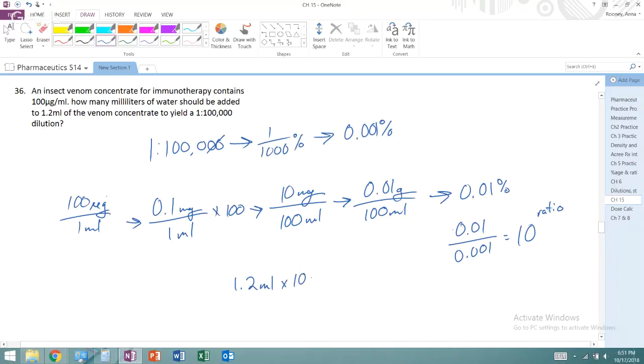So multiply that by 10, our whole entire solution has to be 12 milliliters, but it's already taken up by that. So you take 12 minus 1.2 mLs, and you find that that is 10.8 milliliters of water that you have to add to come down that strength. So there is your answer.